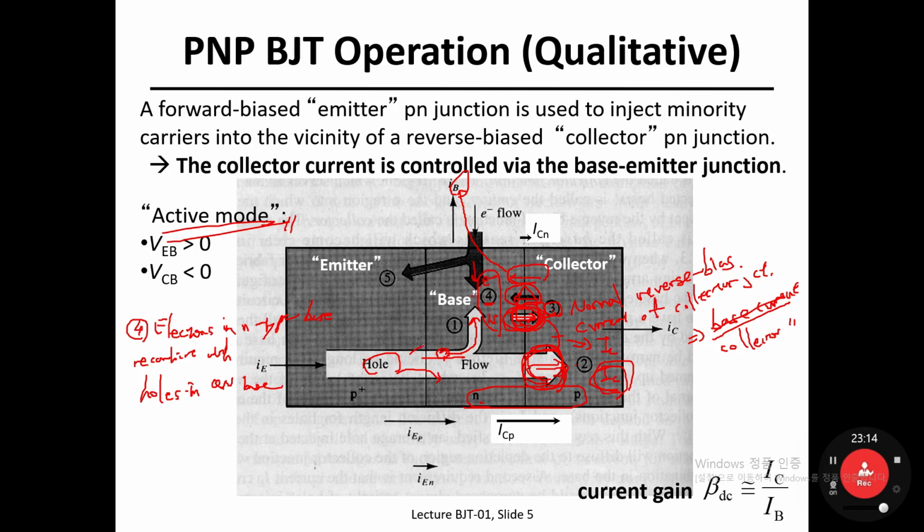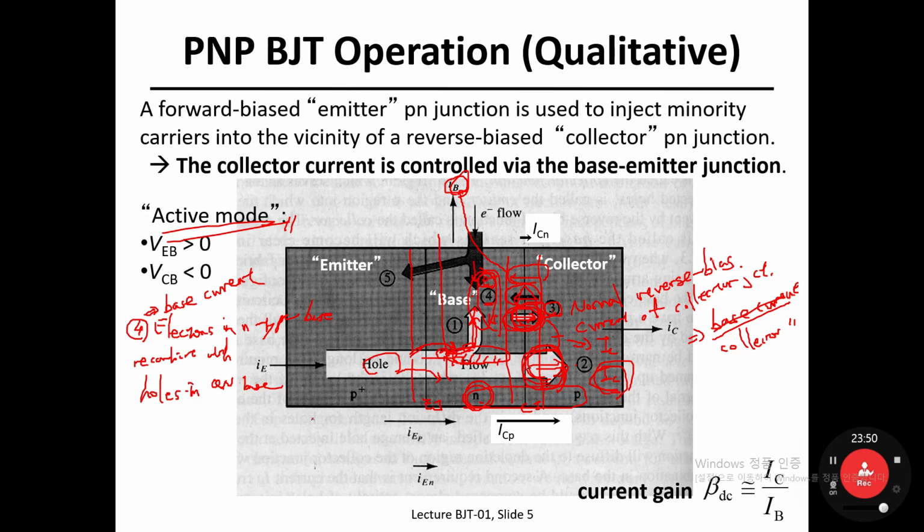I mean, once holes have been injected into the quasi-neutral region of the base, always think about the depletion layers here and there, the emitter junction and the collector junction, right? Part of the holes can be used to recombine with electrons in the n-type region, okay? So this recombination current becomes another part of the base current. So number 4 would make up base current.